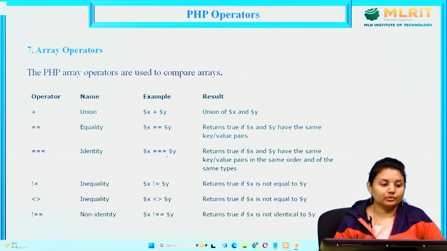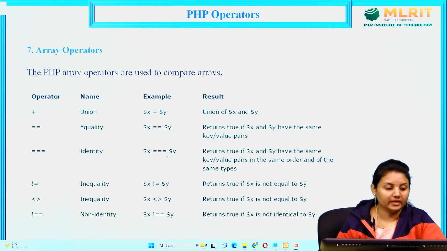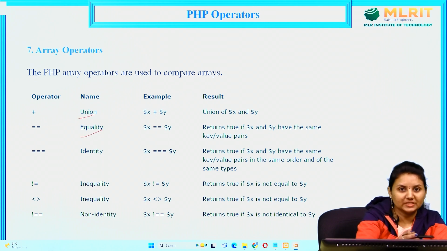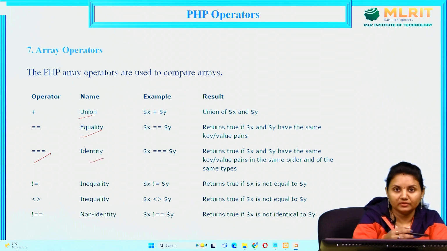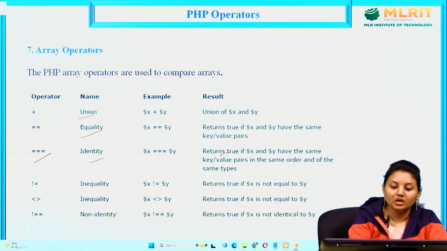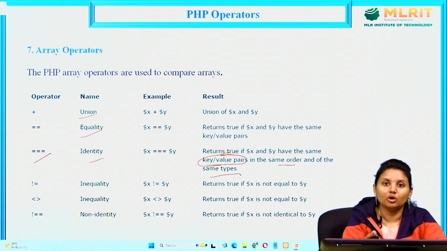And coming to array operators, they are used to compare two arrays. Here plus is union of $x and $y. Plus means union, double equals to is equality, and triple equals to is identity, which we have discussed in the assignment operators. It returns true when they have the same key value pairs in the same order and of the same type.